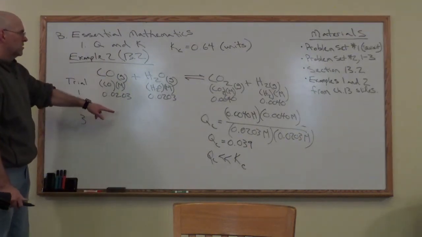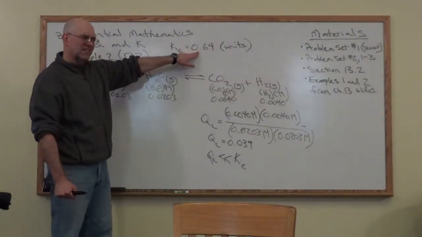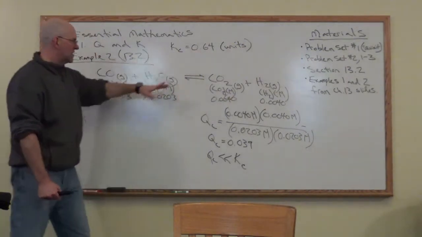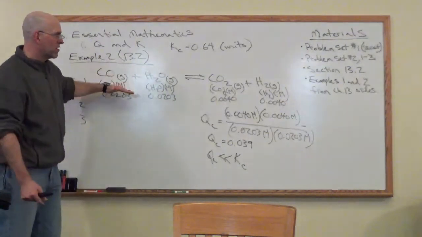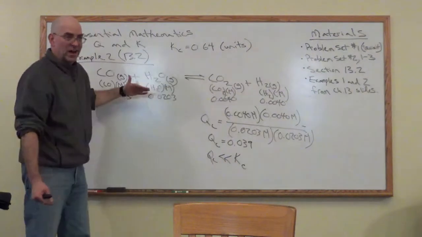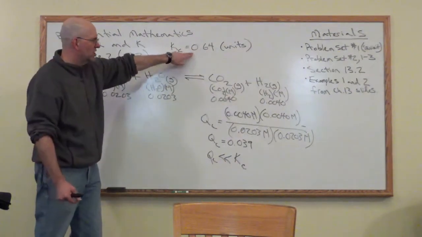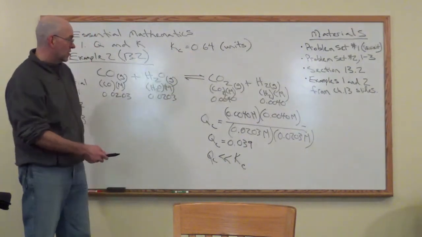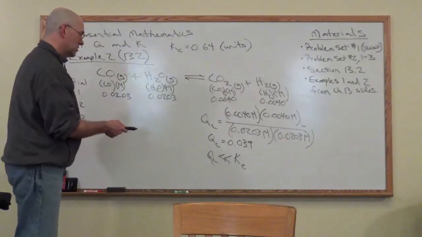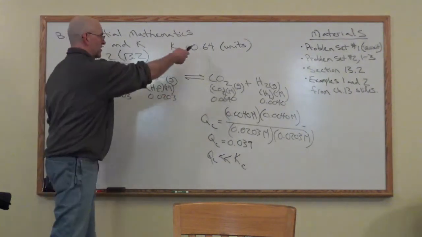Wow, okay, so, well, first off, this is kind of interesting. Kc here is less than 1, which means that the products are favored. They're there in more abundance, so the denominator just has to be bigger than the numerator. Okay, so that's good to note right away. So in this case, Q is a whole heck of a lot less than K. I mean, it's not even close.